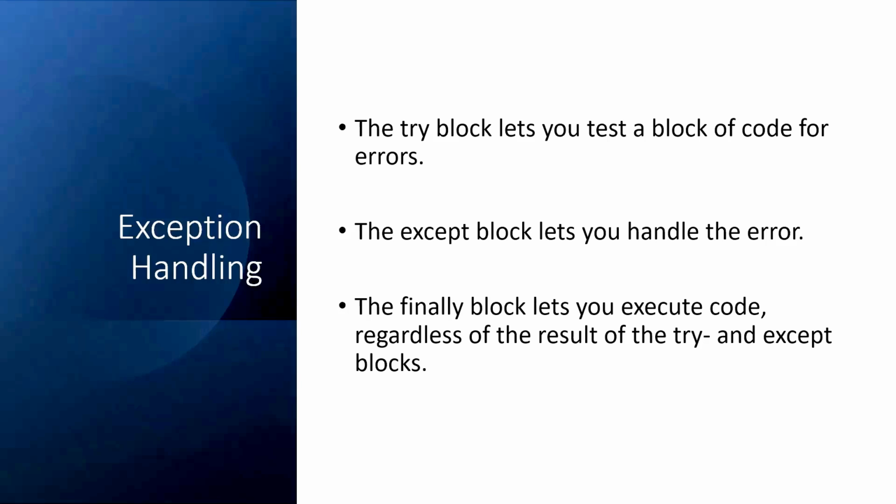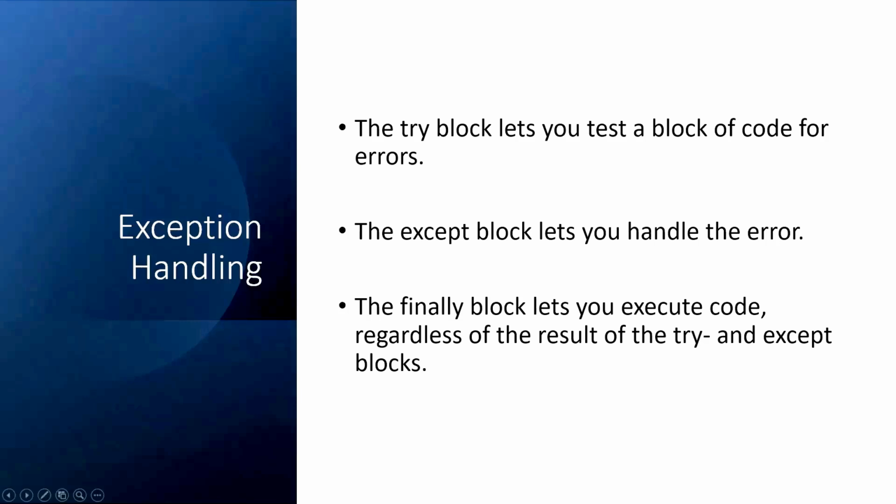For this, Python has provided us with a try, except, finally block. The try block lets you test a block of code for errors or exceptions. The except block lets you handle the error, and the finally block lets you execute code regardless of the result of the try except block.